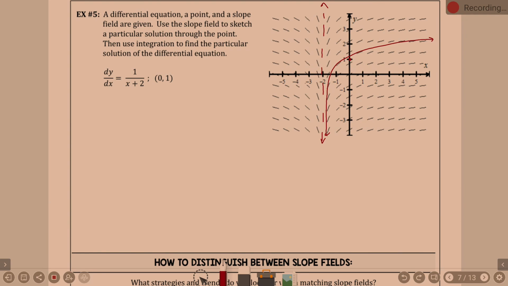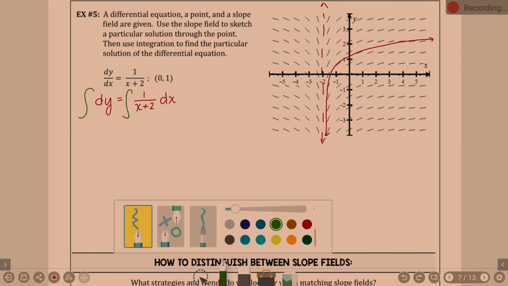In order to integrate, like what we were doing yesterday, start by separating x's and y's. So that means what's going to happen? Okay. Multiply the dx over, so we have separation of variables. Now we are ready to integrate.